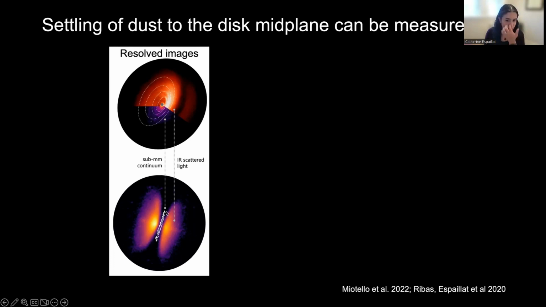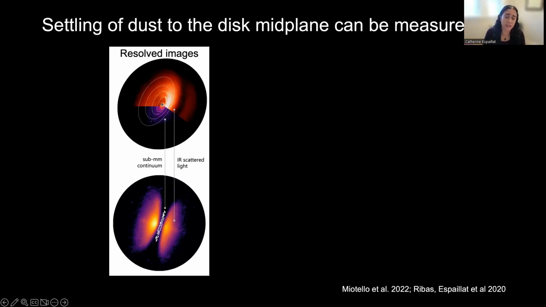So that's tracing the larger grains. Here it's much clearer to see that the larger grains are concentrated towards the midplane of the protoplanetary disk, whereas the smaller dust grains are distributed in the upper atmosphere. And the protoplanetary disk itself is actually the dark lane in both of these images. Here we're just focusing on the near-infrared and the millimeter, but if we had different wavelengths, we would be able to fill that in.